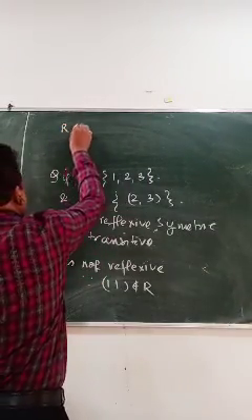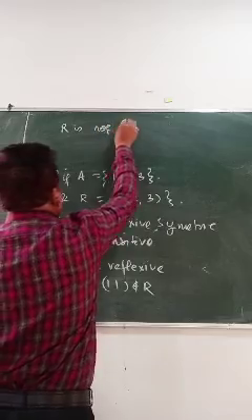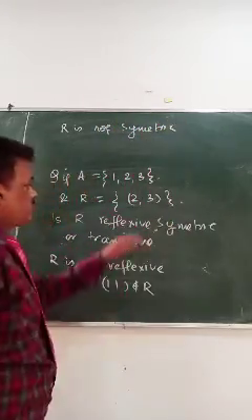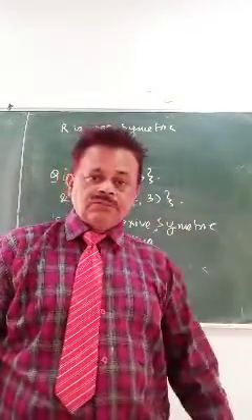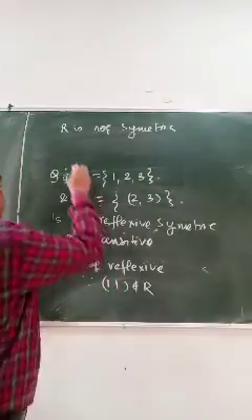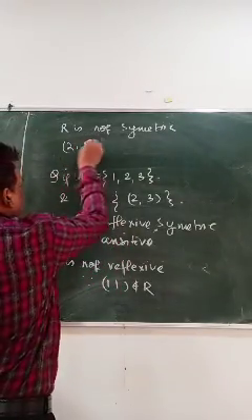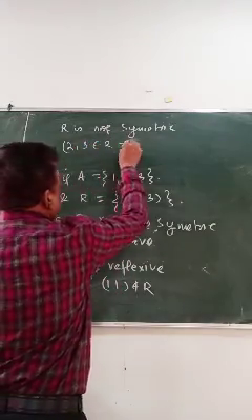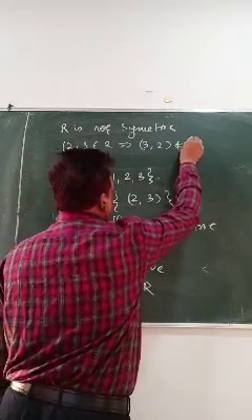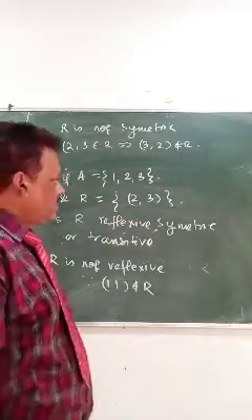R is not symmetric. Why? If (2, 3) is given, suppose, then (3, 2) also should be there, which is not there. (2, 3) belongs to R implies (3, 2) doesn't belong to R. Okay.